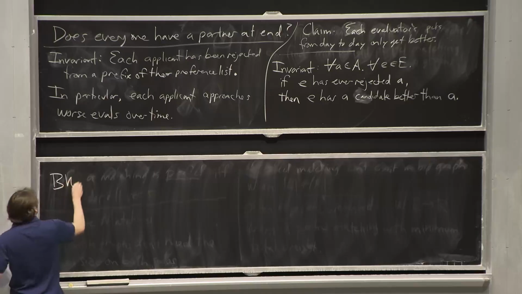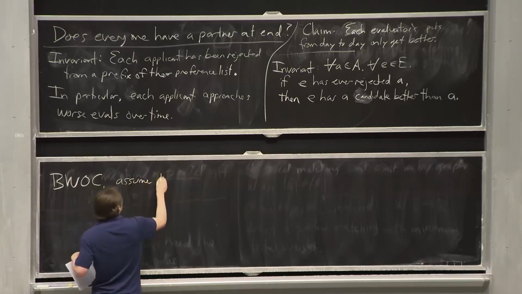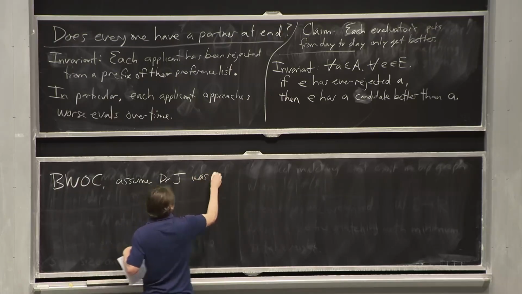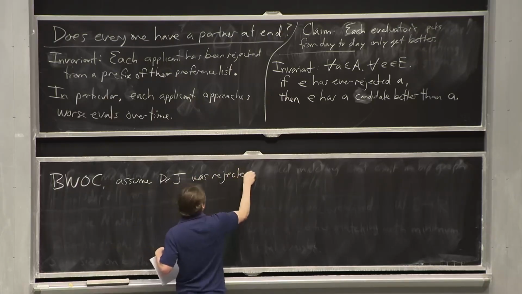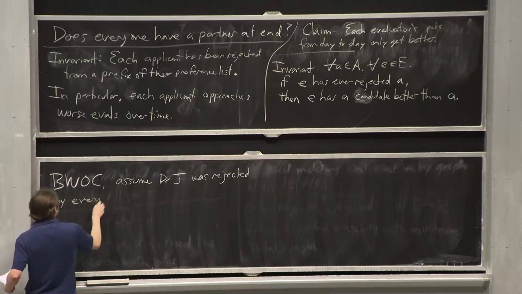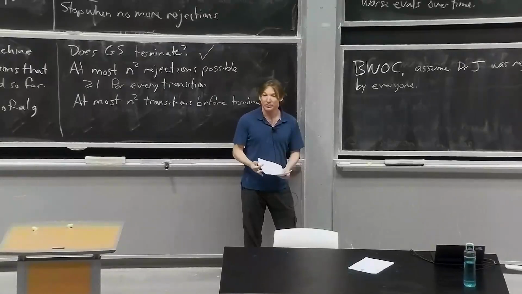So by way of contradiction, assume Dr. Jekyll was rejected by everyone. Was rejected by all of the evaluators. All right, and let's see what goes wrong here.